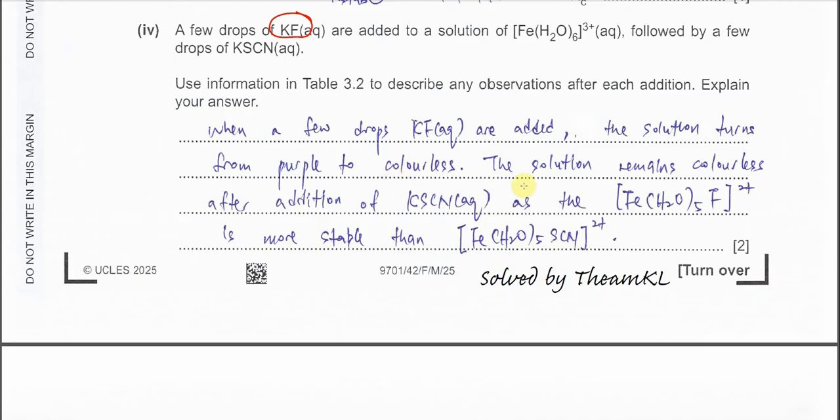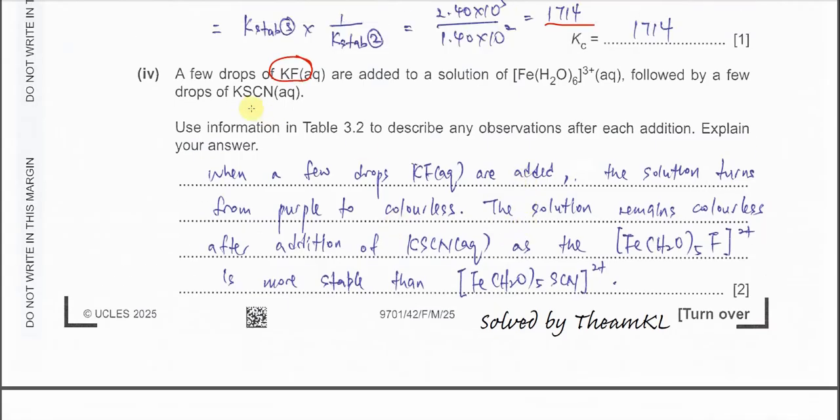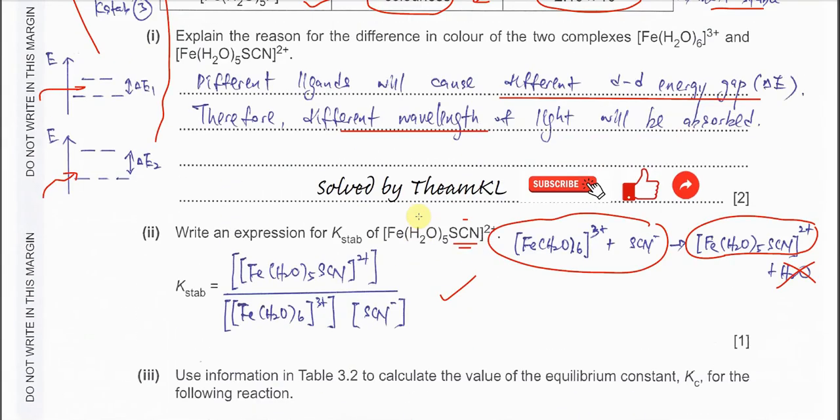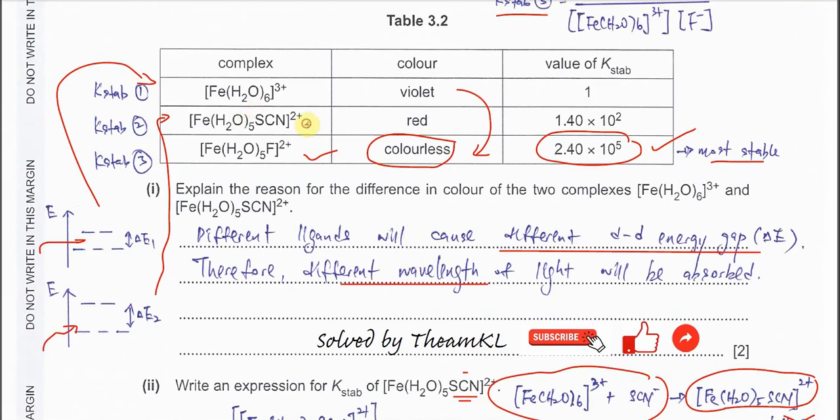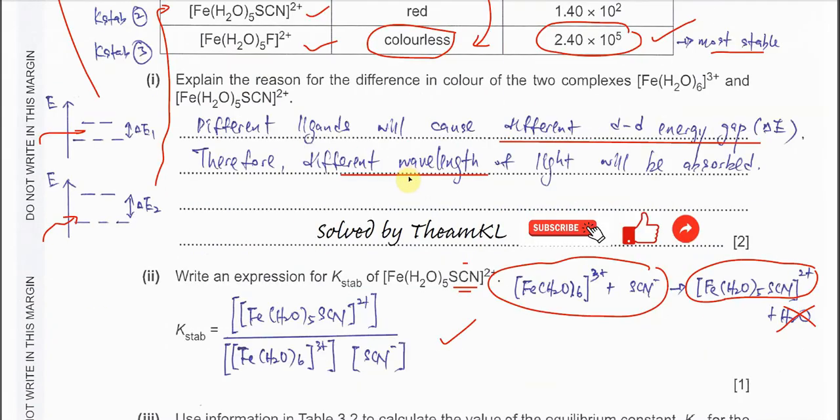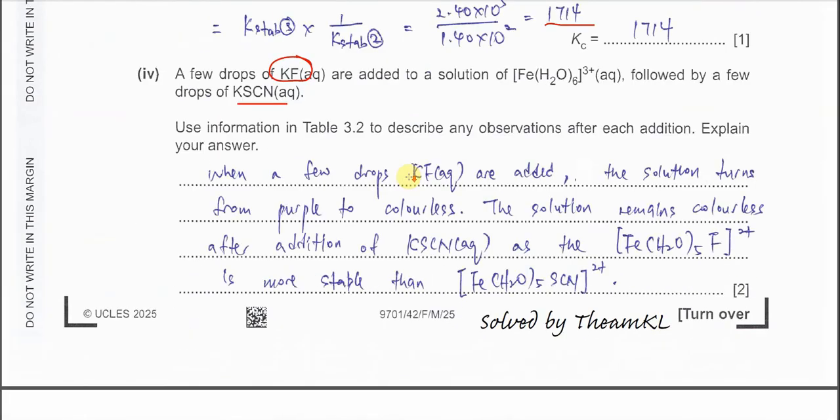Okay. Then the second addition is potassium thiocyanate. If it reacts, it will form the second complex ion. The K step of the second complex ion is lower, so it is less stable. This means when we add the potassium thiocyanate, it will not really change the color, because the first complex ion is more stable than the second one.